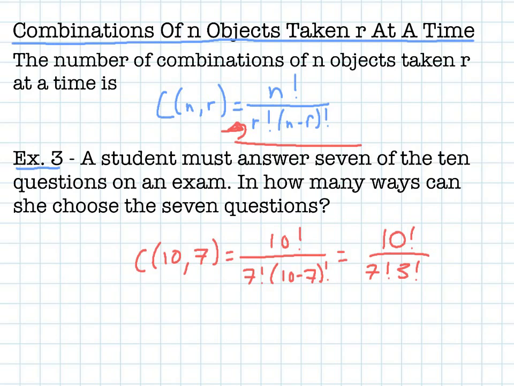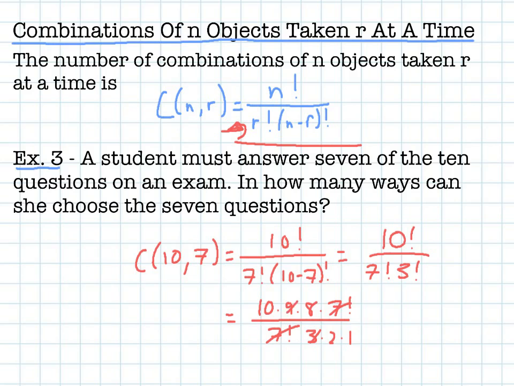Now I want to do the same thing I did with the permutations with my 10. So I reduce it down to the highest factorial. So 10 times 9 times 8 times 7 factorial. Those cancel out. Also, with the other factorial at the denominator, I like to multiply it out so I can see if I can reduce anything with the top.